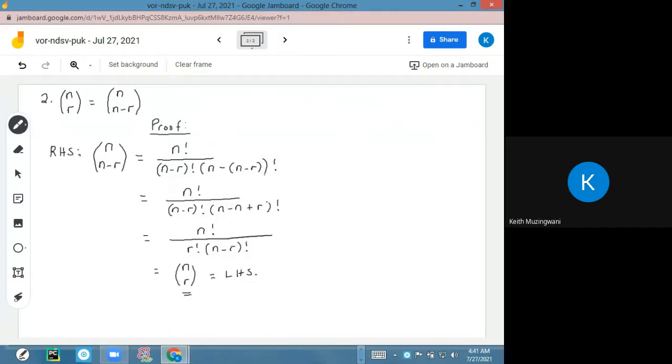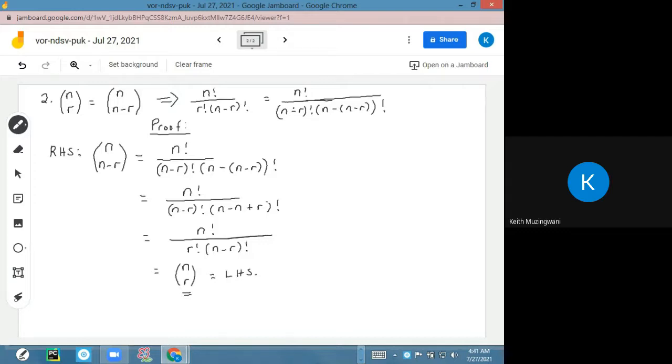As you start to prove, you first reduce each side. You say this is N factorial over R factorial times N minus R factorial, and this is N factorial over N minus R factorial multiplied by N minus R factorial. You first reduce each by one step, then you pick the right hand side.